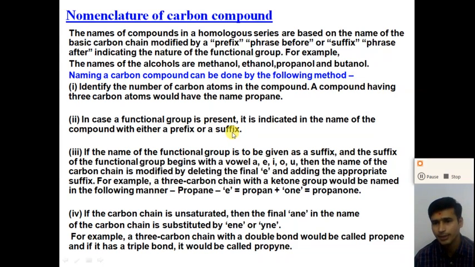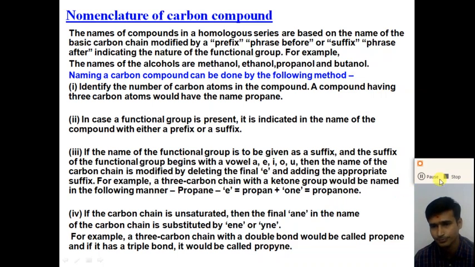So if there is a halo group, a chlorine atom connected in the carbon compound, its name starts with chloro, right? And if there is only one carbon atom, its name is chloromethane, right?